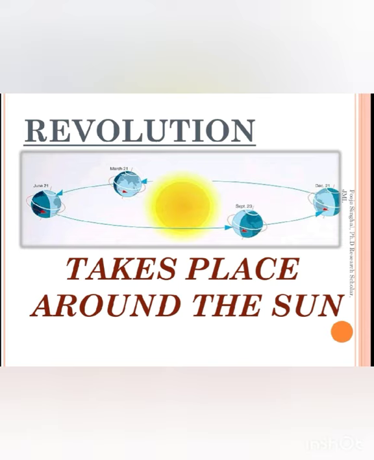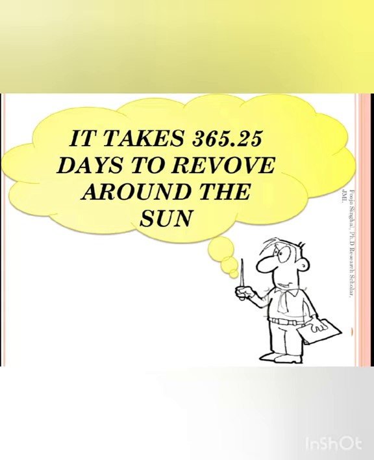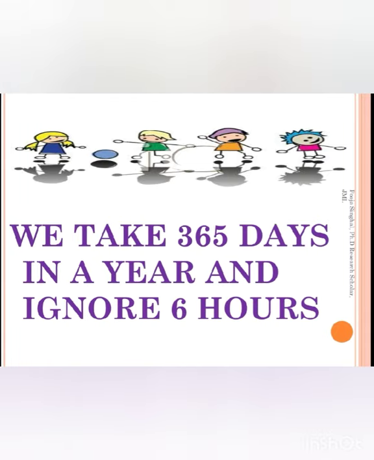Just think that with the speed of 29.8 kilometer per second it is moving, and then also it is taking 365 days and 6 hours, right? This period of time is called 1 year, right? Now, when we will talk about this leap year here in this topic, now what happened?